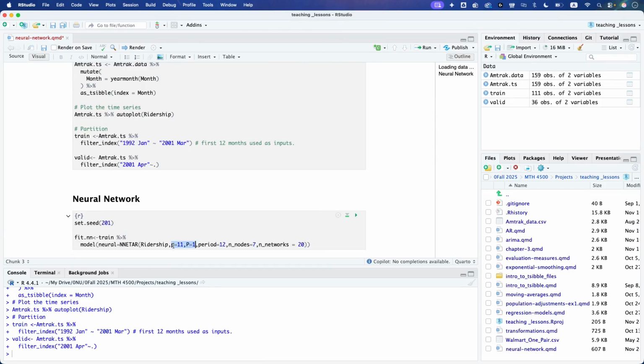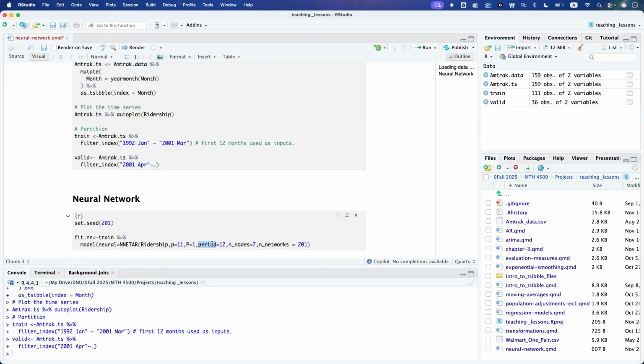We have p 11 and P 1. So that means we have lag 1, lag 2, lag 3, lag 4, until lag 11. Then this is lag 12, because it's monthly data with seasonality every year. For the period, this is 12. The period specifies the periodic nature of the seasonality. Because we have monthly data, that's why we said it's 12.